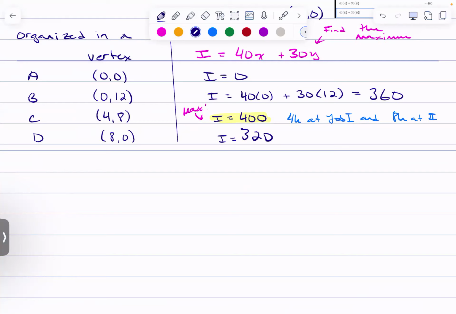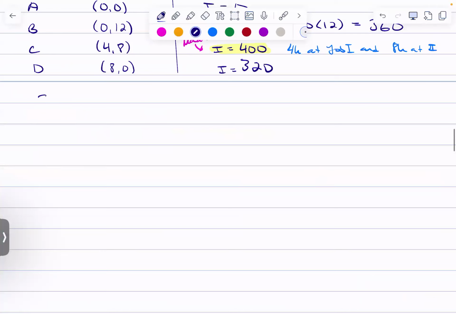So to summarize, the steps of an optimization problem look like this.